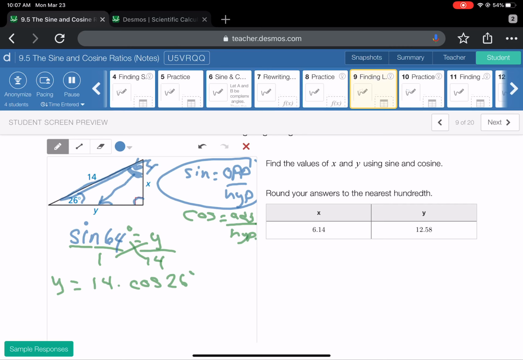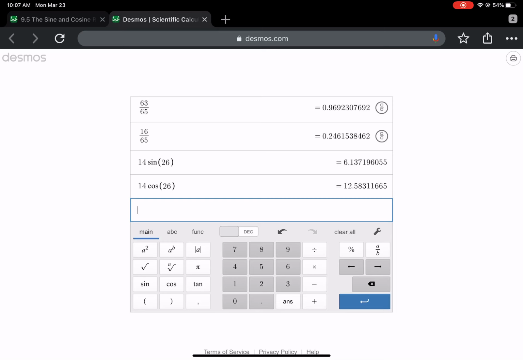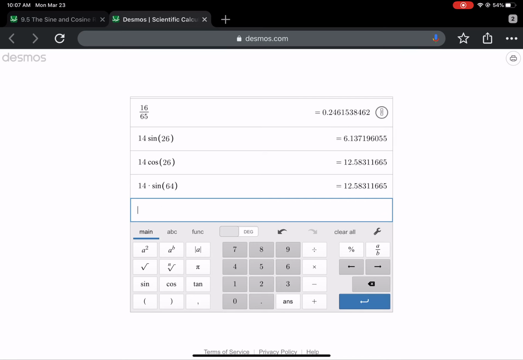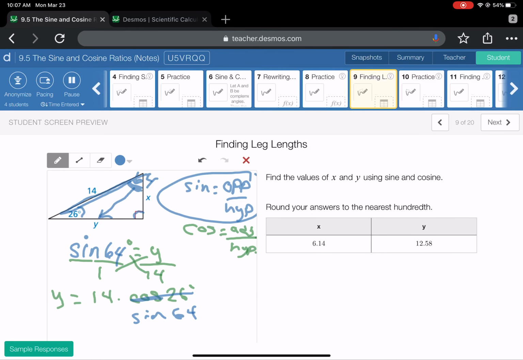So if I cross that out, 14 times the sine of 64 should still give me the same answer. I'm going to leave that one there so we can see it. So 14 times the sine of 64. See how the answers are exactly the same. That's how we know that this is valid. And we remember that sine and cosine work basically opposite for complementary angles.